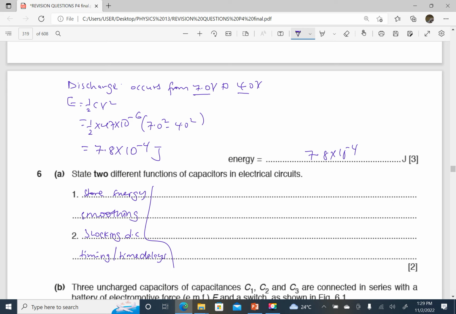You can talk about coupling. Capacitors are used in coupling. You can talk about temporary power supply. You can talk about tuning circuits. You can talk about producing oscillations in circuits, producing electrical oscillations.